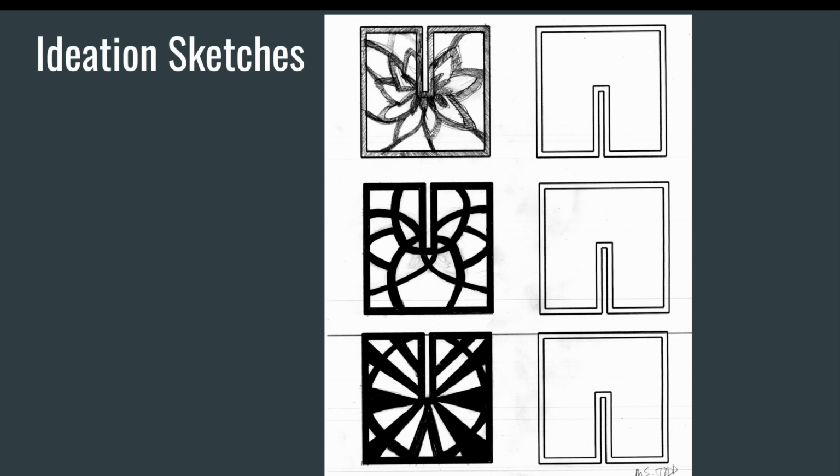And this is what your ideation sketches will look like. You can see here that each piece is attached to this frame, and this frame will be cut out, but you can do whatever design you want in the frame. You'll also notice that there's no lines going through. So we'll be probably doing this on Thursday.